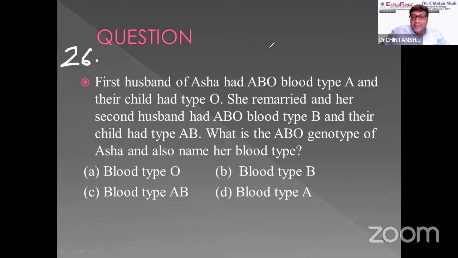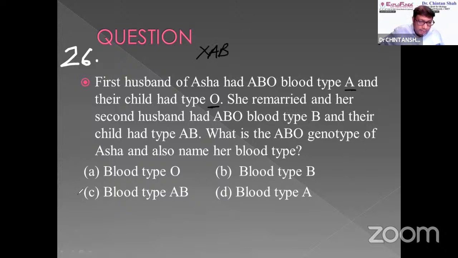Okay, so I think I have waited for enough time. Look over here, please. The first husband of Asha had blood group A, and the child has O blood group. Its meaning is that Asha does not have AB blood group.